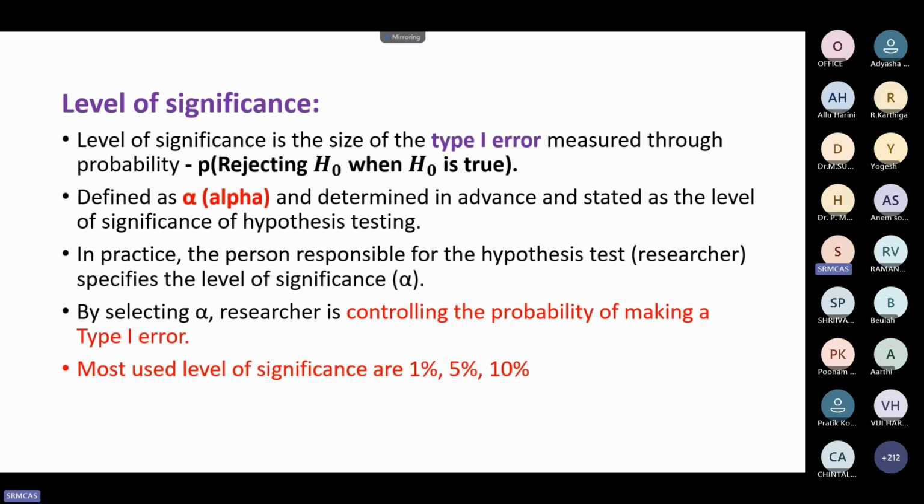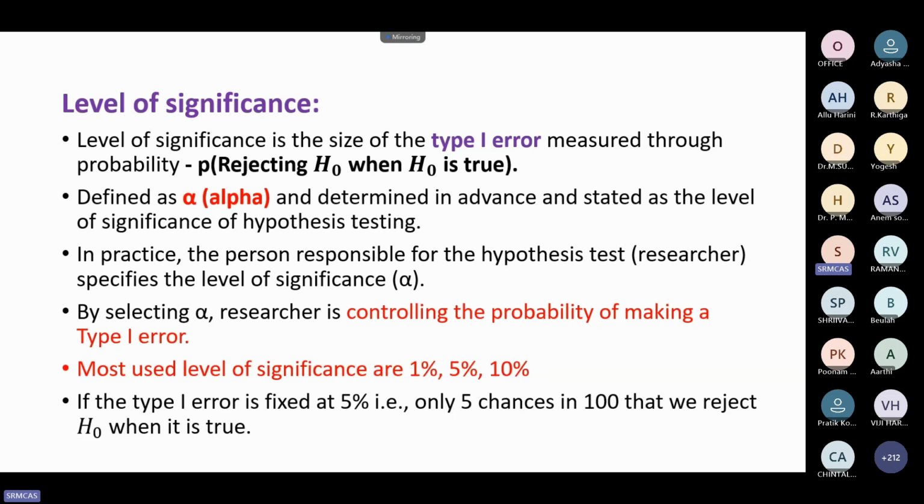These three significance levels are always used in hypothesis testing. If the type 1 error is fixed at 5%, that means we have only five chances out of 100 of rejecting the null hypothesis when it is true.